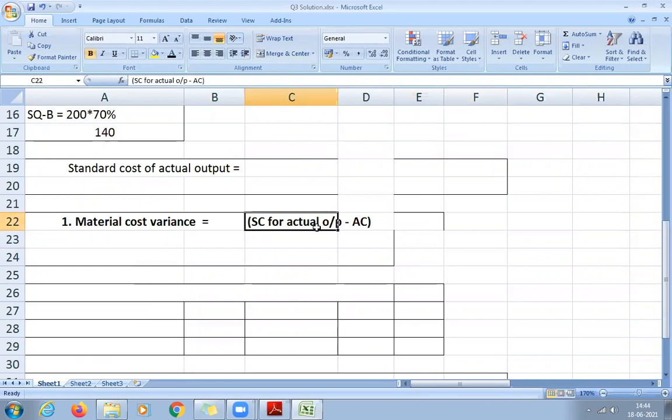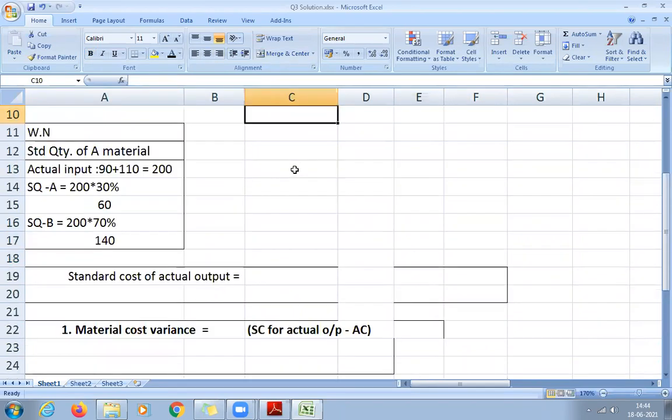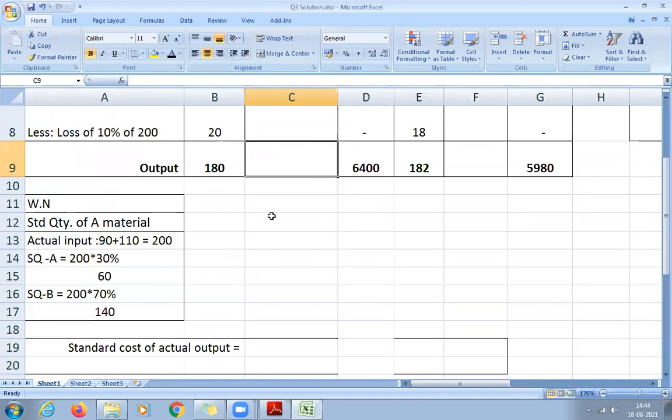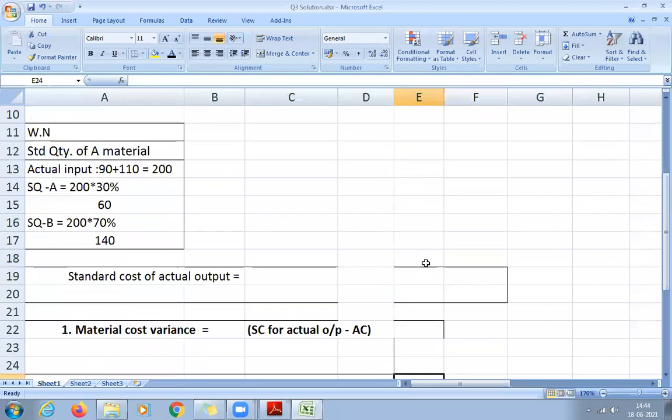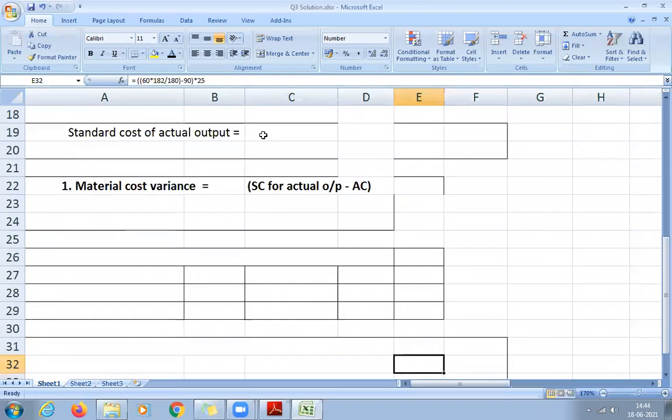We know the standard cost for the standard output, but we have to calculate the standard cost for actual output. Because the standard output is 180 but the actual we got is 182, there is a difference, so we need to adjust that difference. First we have to calculate that.